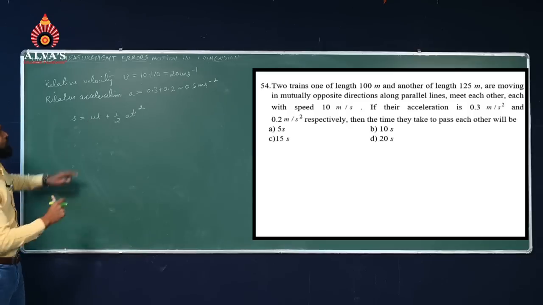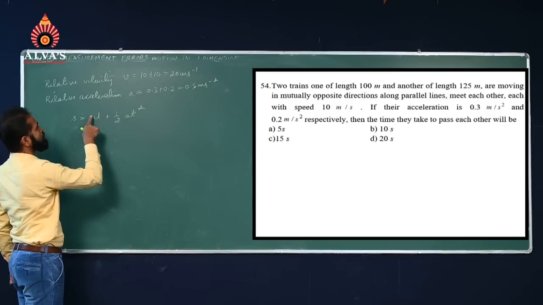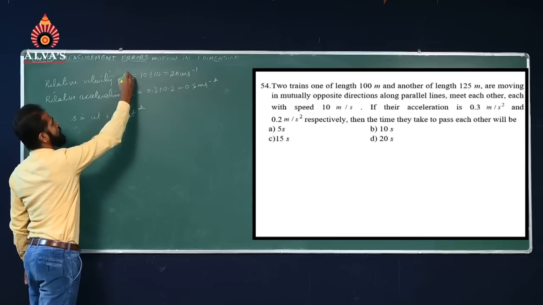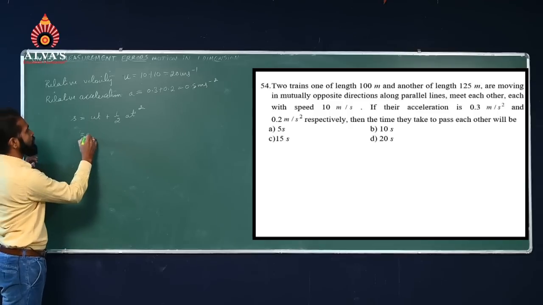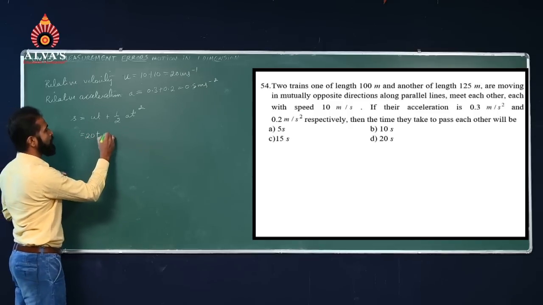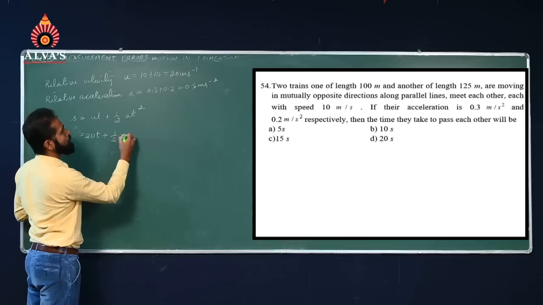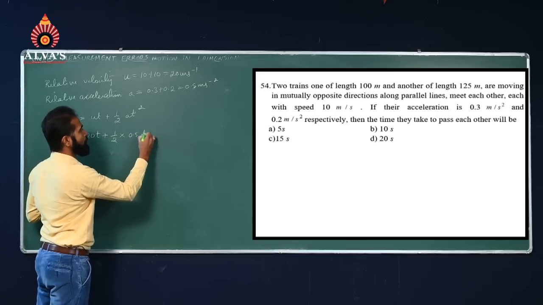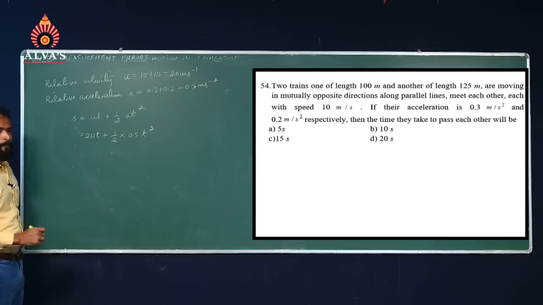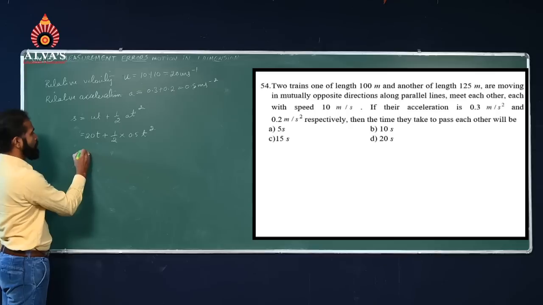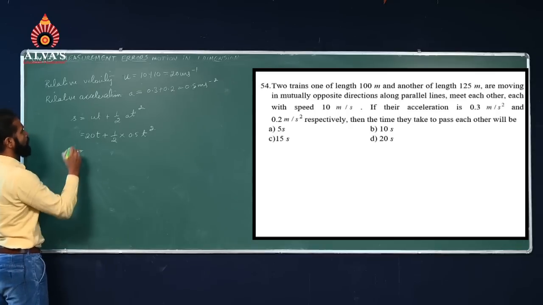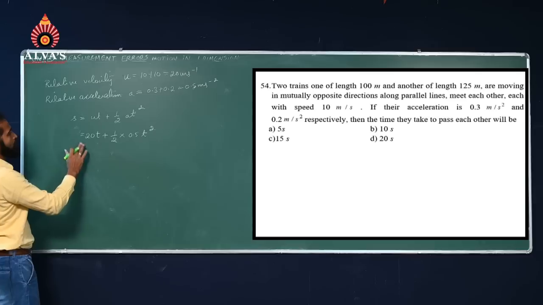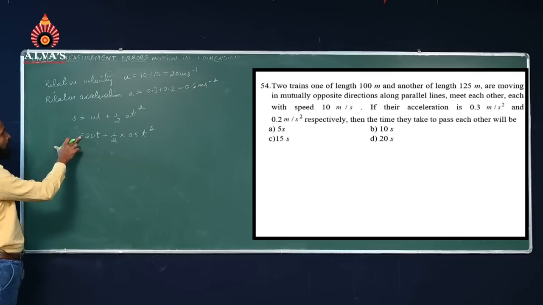So the relative velocity, you can write v or u, doesn't matter, u. So this u is 20 into t plus half, acceleration is 0.5, into t square. Now substitute, this becomes equal to, on the other side, the distance s, which is nothing but the total length of both the trains.